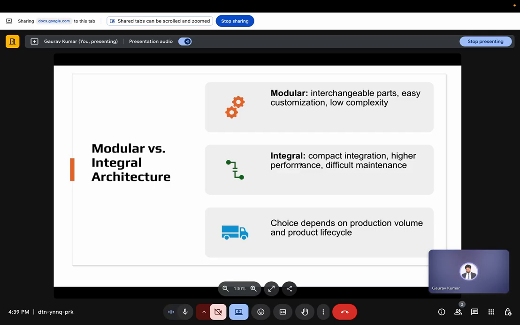So many products are hybrids, modular at the system level and integral within modules. The art is choosing the right granularity. Life cycle economics, volumes, variants, warranty, and upgrade rhythm inform the choice more than a test. Platforms magnify benefits. So explicitly articulating the rationale avoids accidental architectures.